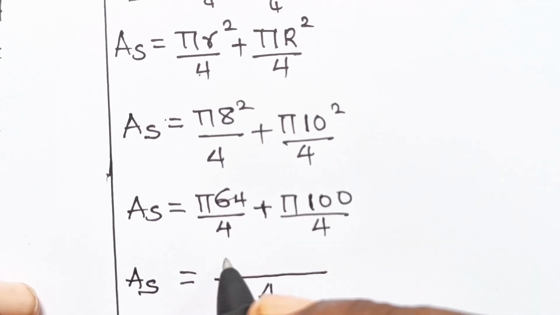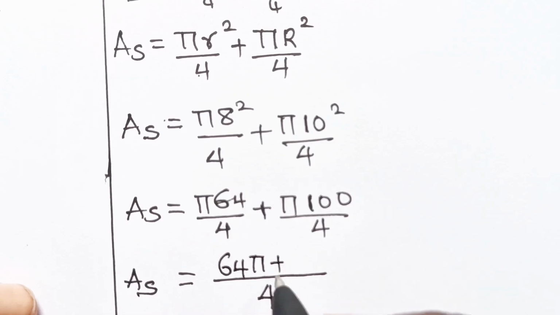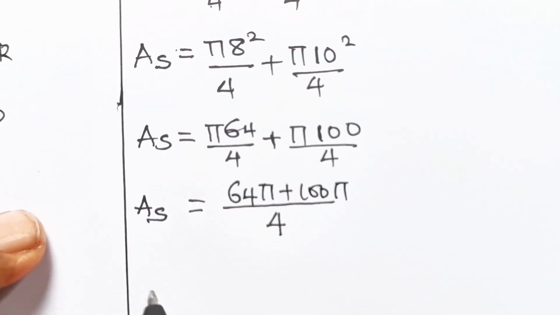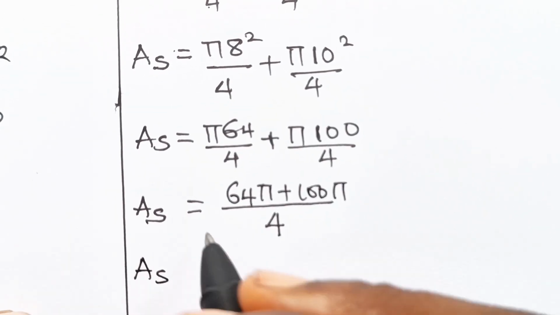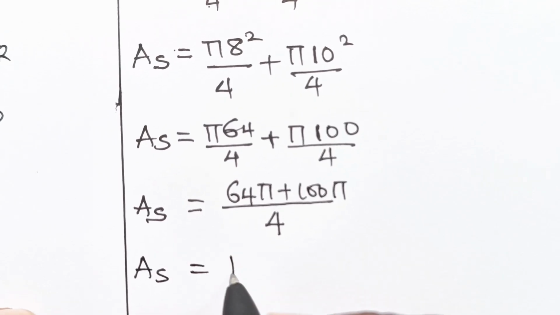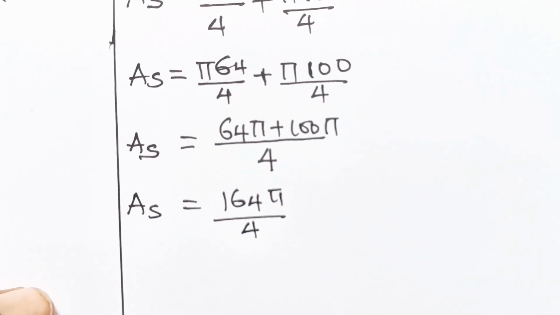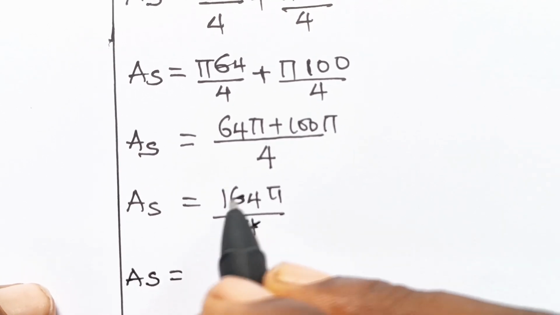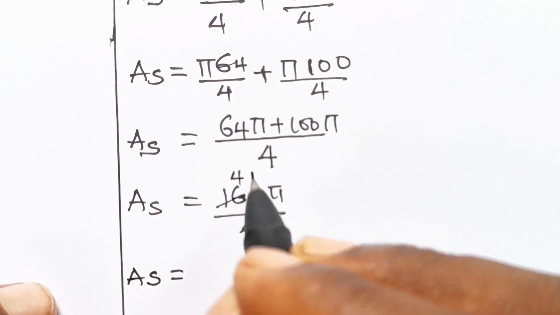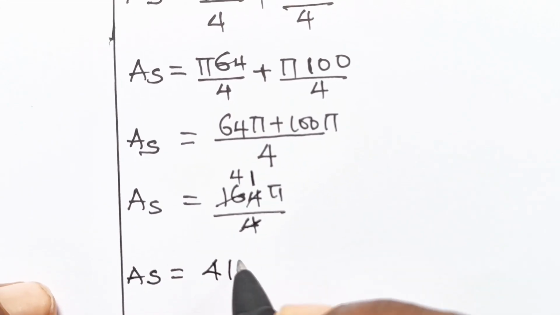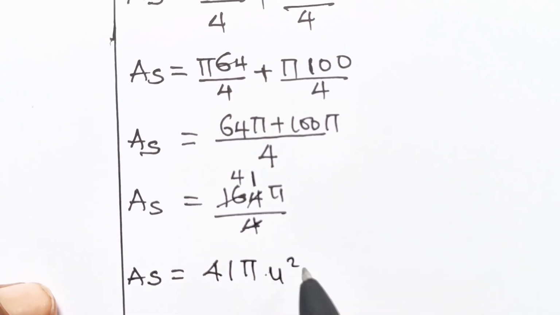So we can add 64 pi plus 100 pi. So the area of the shaded portion is 164 pi divided by 4. We divide this to give us 4, divide this to give us 1. So we're left with 41 pi units squared.